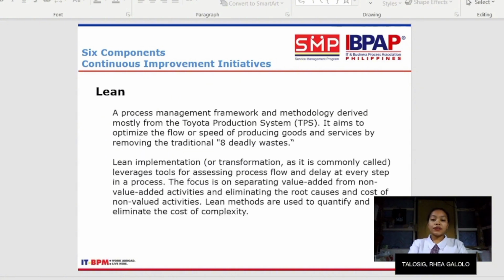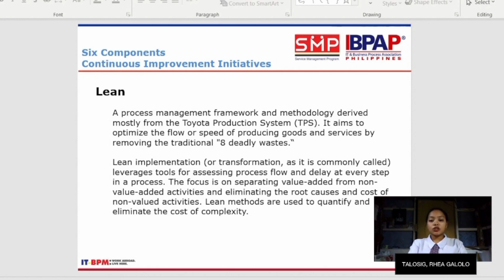5S also has lean. Lean is a process management framework and methodology derived mostly from the Toyota Production System (TPS). It aims to optimize the flow and speed of production of goods and services by removing the traditional 8 deadly wastes.